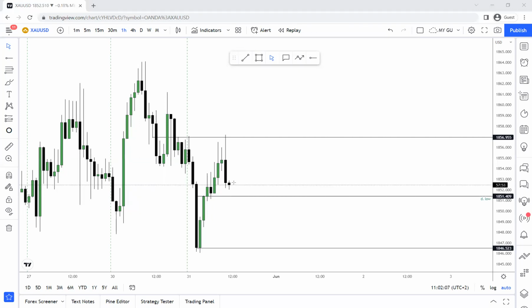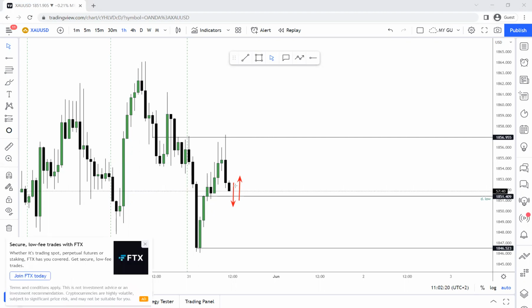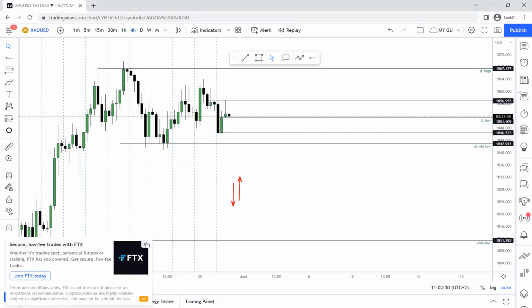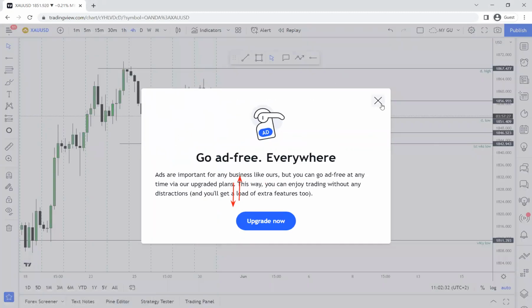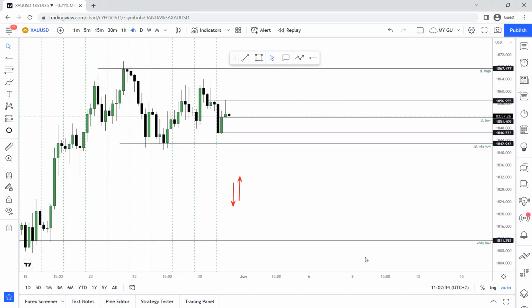Because this candle could push lower, come all the way down here, get rejected and turn around, creating another candlestick. So you have to wait and see what this candlestick and the next candlestick are going to do, because the 4-hour time frame is still giving us bullish pressure. If the 4-hour time frame is giving us bullish pressure, what does that mean?